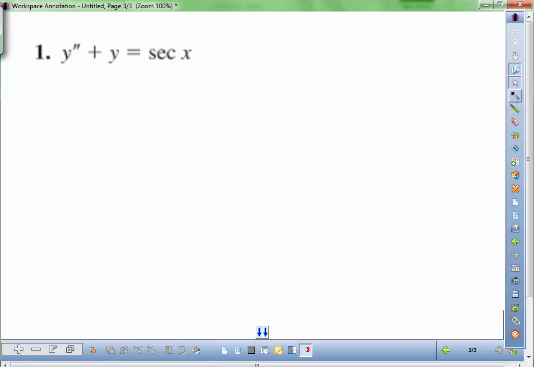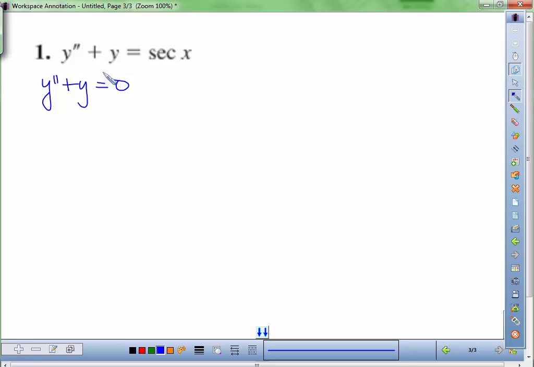First, let's find our complementary solutions. Let's take a look at the homogeneous differential equation. Let's find our auxiliary equation. Let's solve for that, and we see that we're going to get complex numbers for this, complex conjugates.